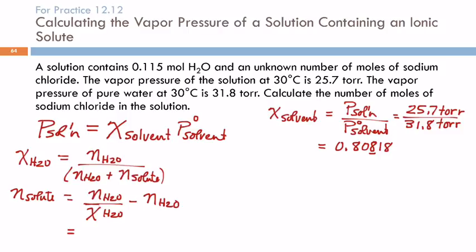So this is the moles of water, 0.115, divided by the mole fraction, and then subtracting the moles of water. So 0.115 divided by 0.80818 equals, and then subtract 0.115.